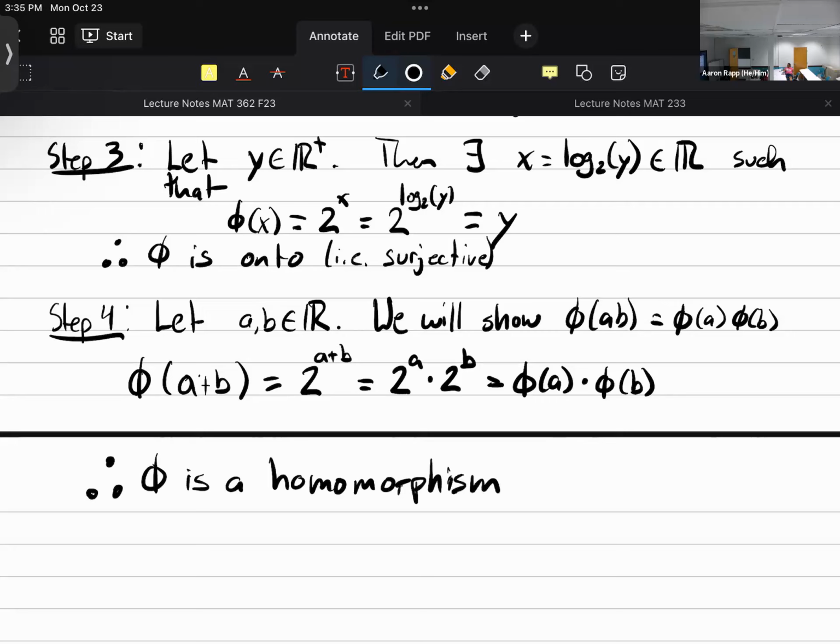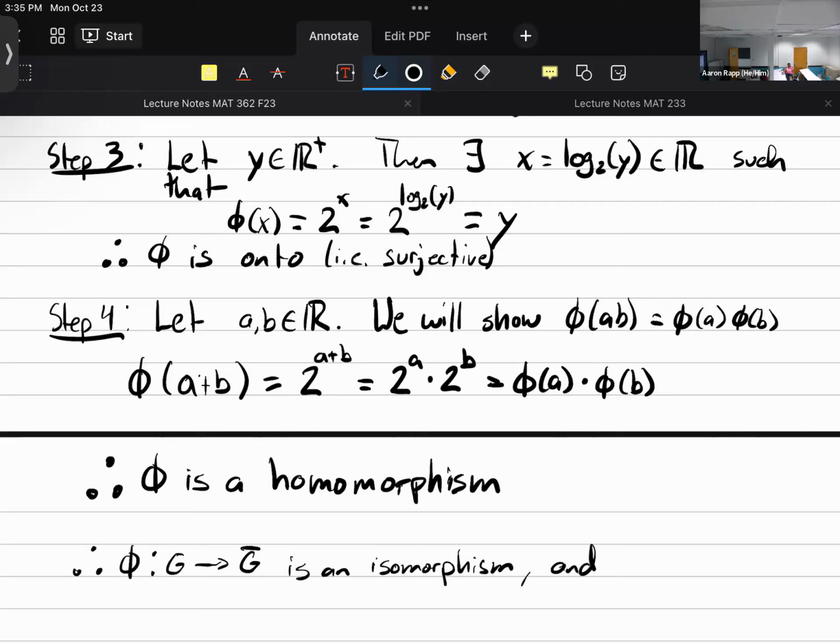Now I can compile all of my information together. We have a bijective homomorphism. So what can we now call this mapping phi? An isomorphism. The phi going from the reals with addition into the positive reals with multiplication is an isomorphism.